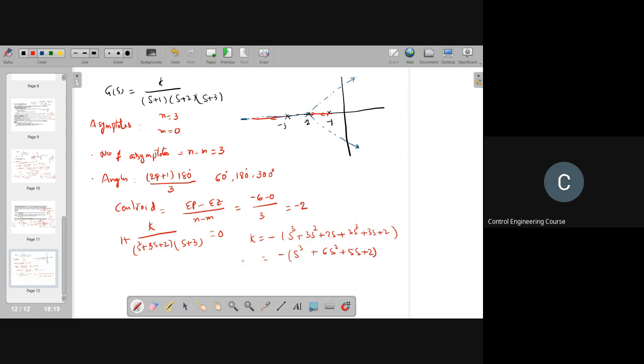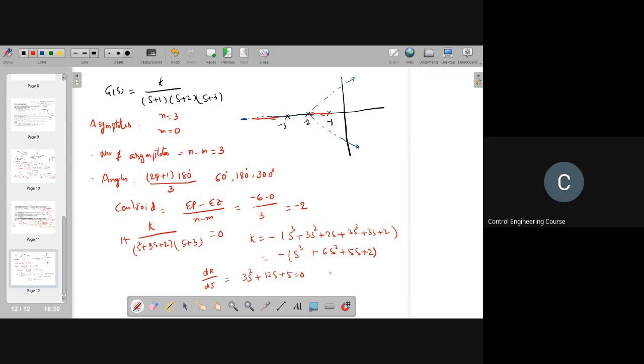Now dk by ds, I am leaving this minus sign because anyhow we are making it 0. dk by ds equal to 0, so this is equal to 3s square plus 12s plus 5 equal to 0.